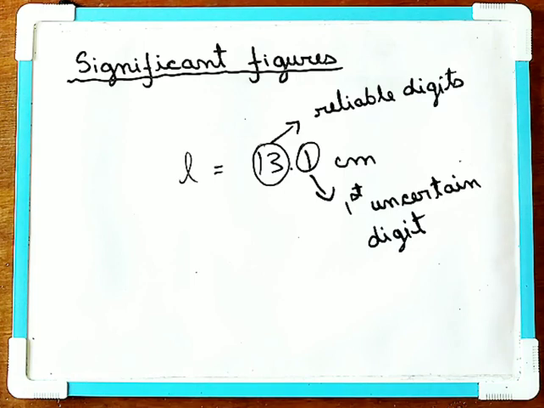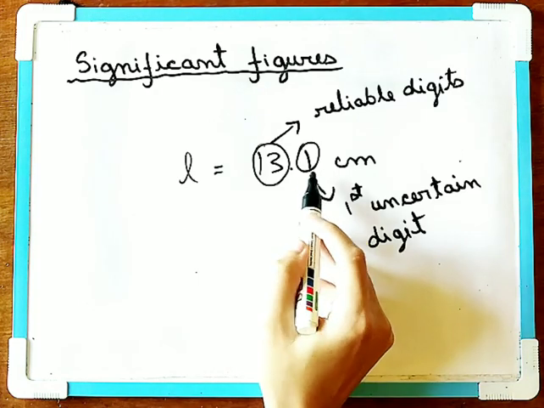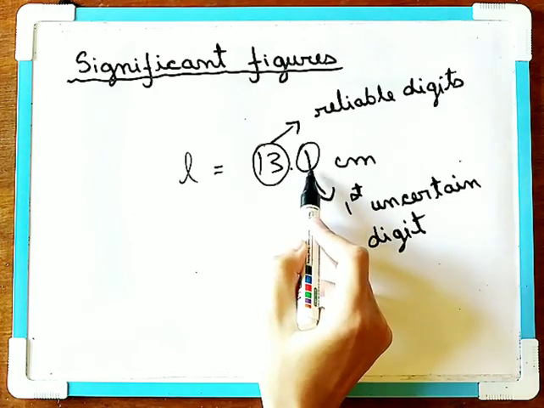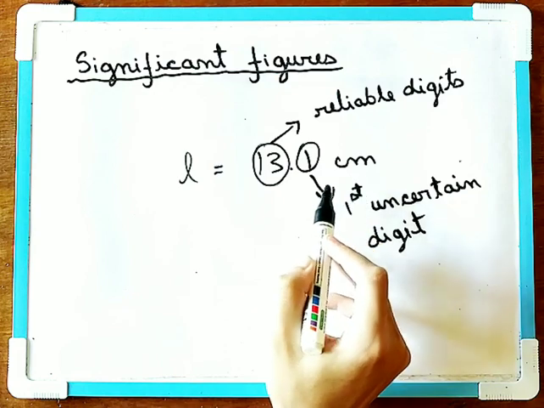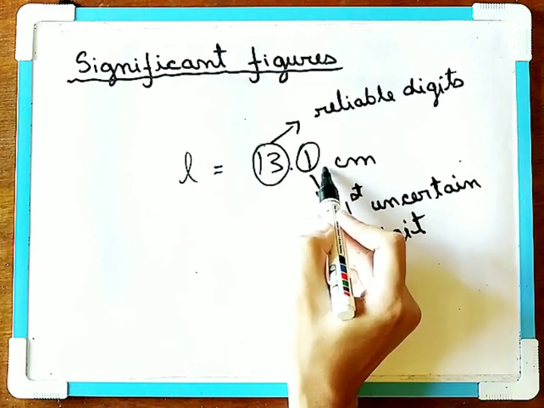Now some instruments are highly accurate. They can measure up to 4 significant figures. Some can measure up to 5 significant figures, depending upon the accuracy or least count of the instrument. For example, the vernier caliper can measure up to around 4 significant figures. Using a scale, I can measure up to 0.1 centimeter, but with a vernier caliper, I can find another digit.